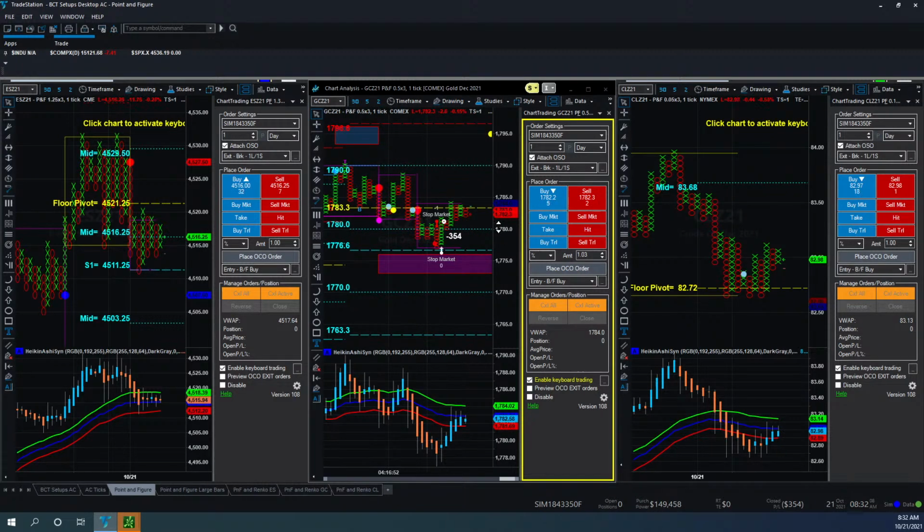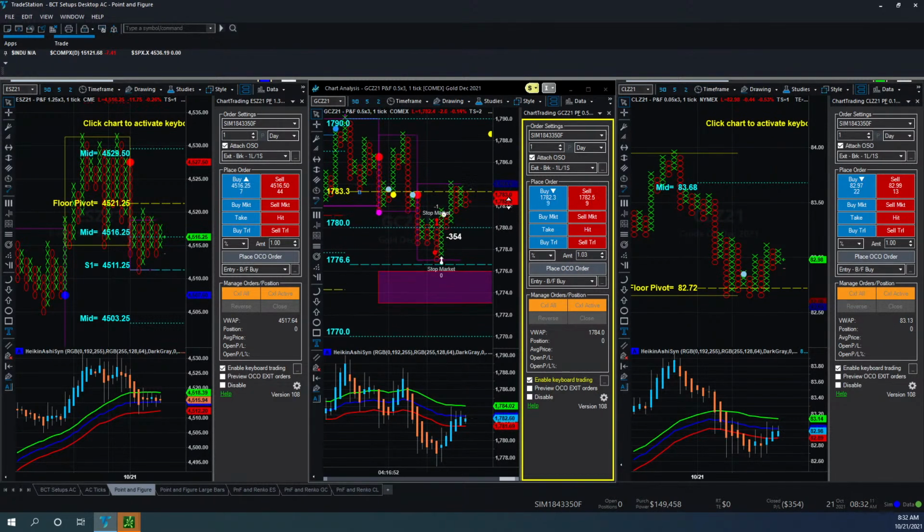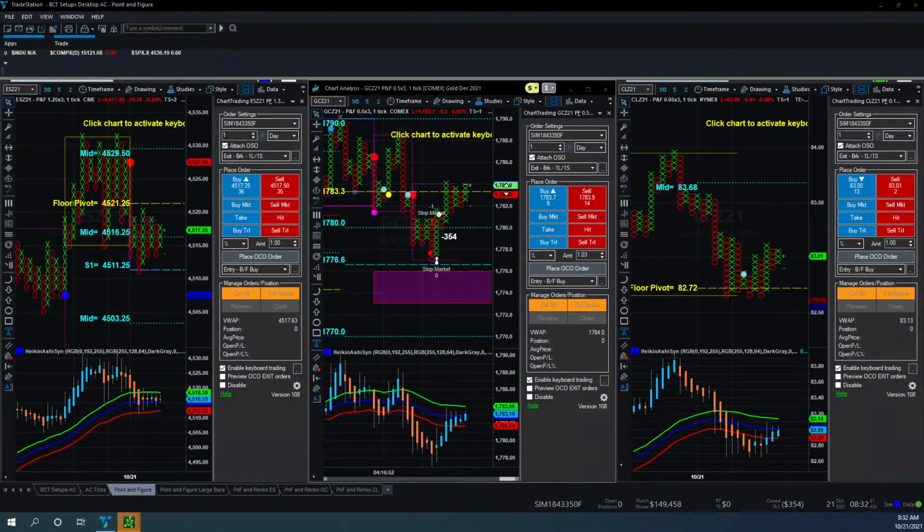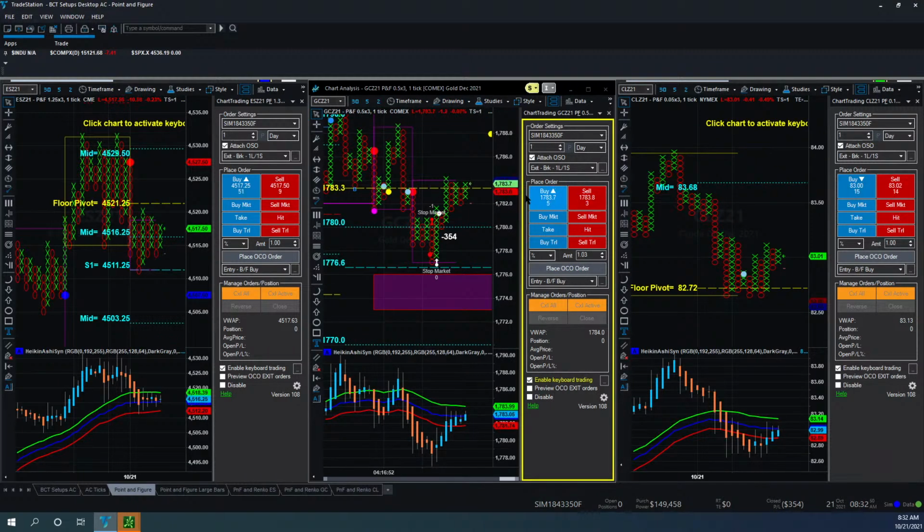Gold trying to move down now. Still in the range. Breaking up.